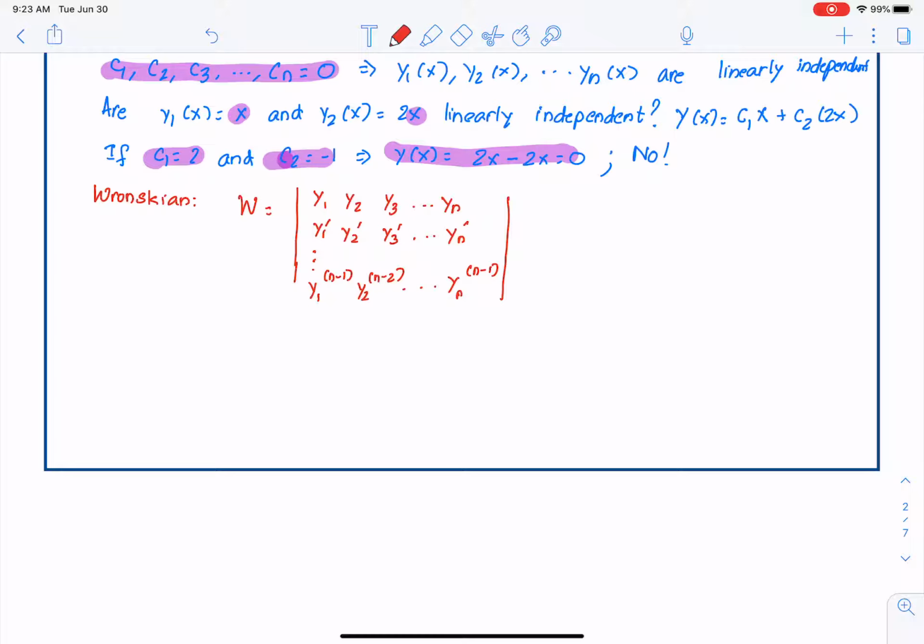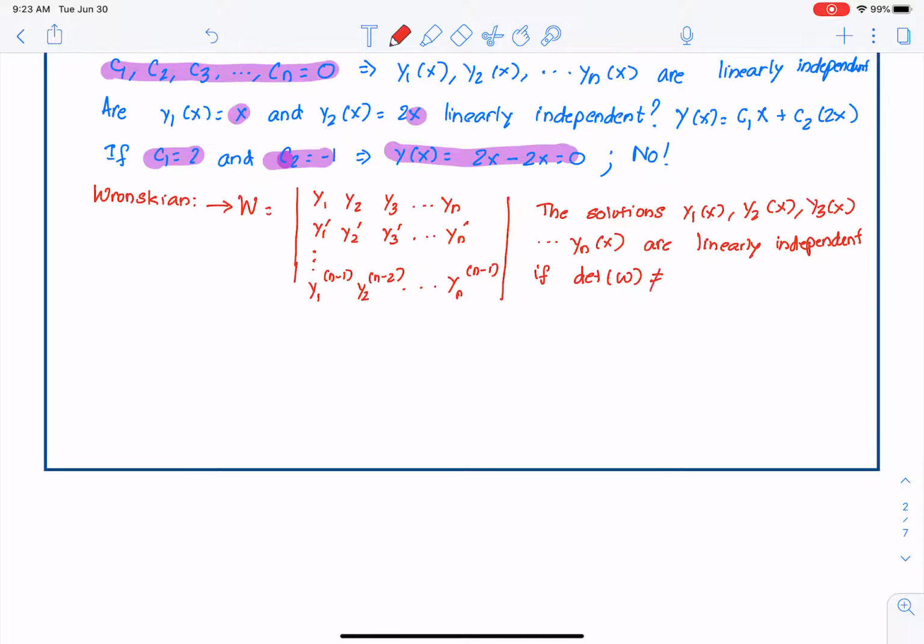That matrix is what we call the Wronskian. So the solutions y1 of x, y2 of x, y3 of x, all the way up to yn of x are linearly independent if the determinant of the Wronskian is not equal to 0.